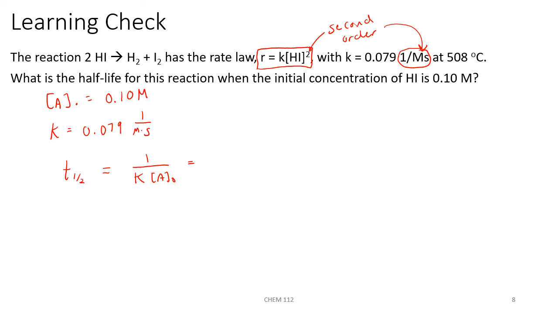So all we have to do is substitute everything into that half-life equation. K, 0.079, 1 over molarity times seconds, and A sub 0 is 0.10 molar. When we solve, we'll end up getting T1/2 to be 1.27 times 10 to the second, and the units will be seconds because those were the units on our rate law constant K.